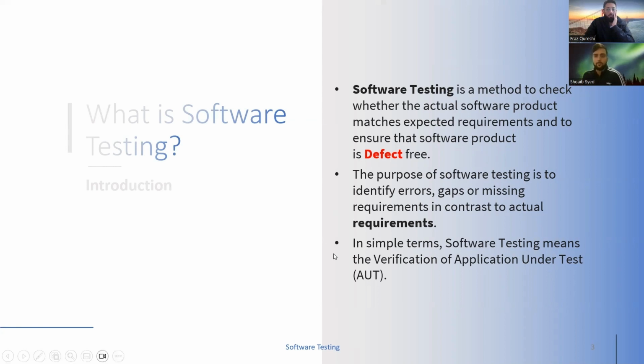The goal of software testing is to identify errors, gaps, or missing requirements in contrast to actual requirements. So you are responsible to also locate the gaps that they might have never thought about when they were writing down what the software should look like or what it should do functionality wise. Any gap that is out there, you're responsible for that as well.